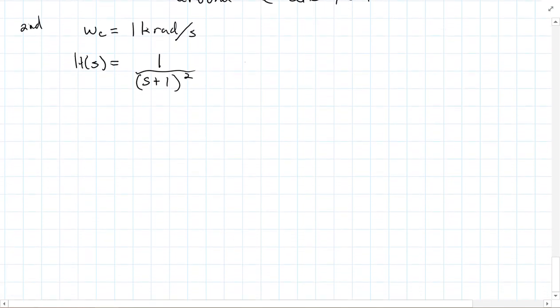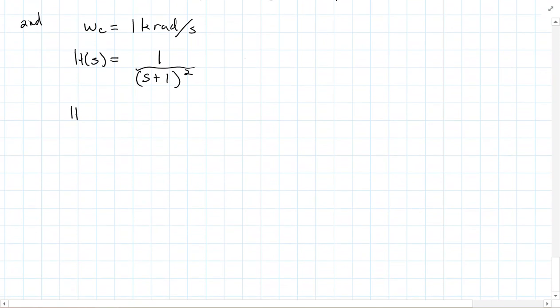Well, what do I want? Well, I'm wanting to know if I put H at j omega, and then this is equal to 1 over j omega plus 1 squared. What am I doing? I want to know, well, if I do this as a logarithm here, if I look at the magnitude of this, well, the magnitude of H at j omega would actually be relatively easy here.